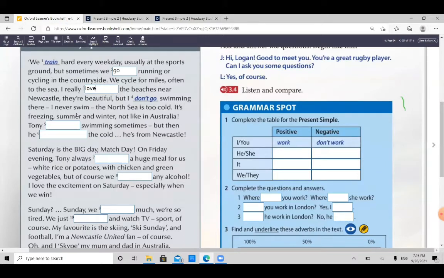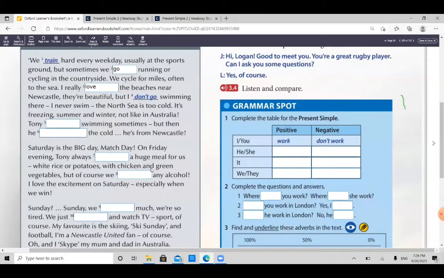I never swim. The North Sea is too cold. It is freezing. Thank you, Walid. Let's give chance to others. So as you see the negative, don't go. The positive, go swimming. In negative, we just add the helping verb with not. Don't go there.